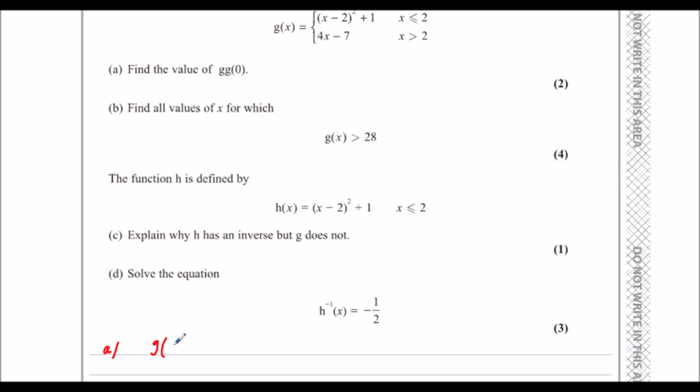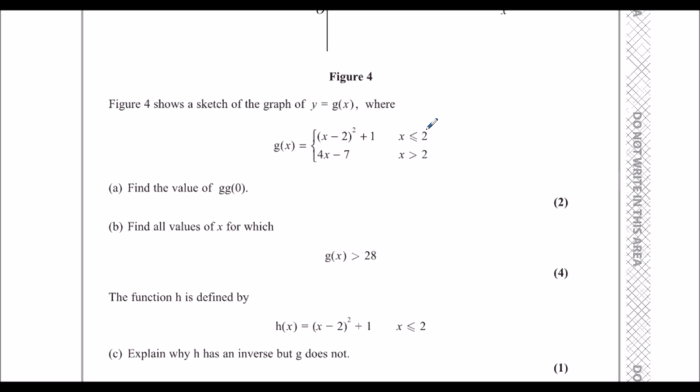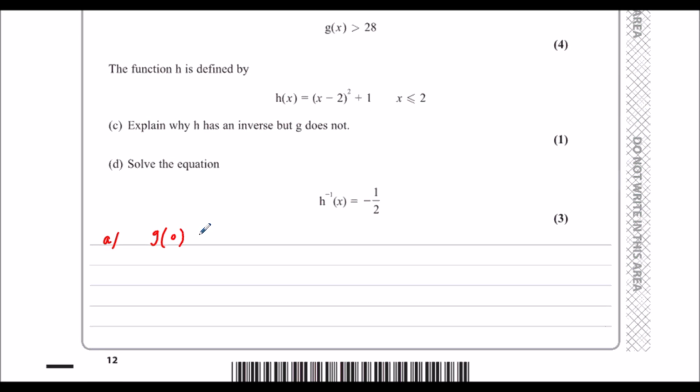So g of 0. 0 is less than 2, so we'll use the top equation. So we've got 0 minus 2 squared plus 1. Negative 2 squared is 4, plus 1 is 5.